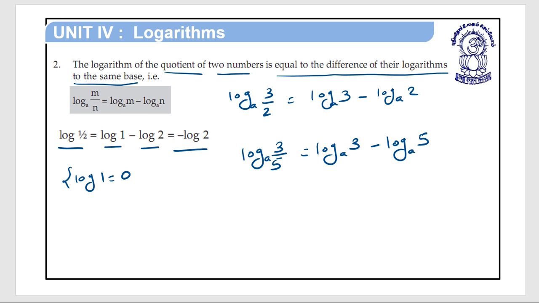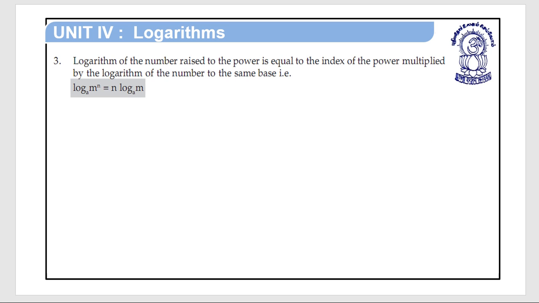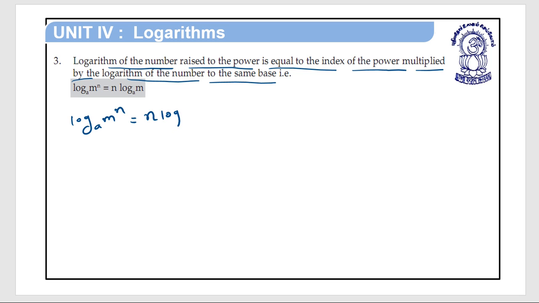Now next, the logarithm of a number raised to a power is equal to the index of the power multiplied by the logarithm of the number to the same base. Here log m raised to n, n is the index. So n into log m to the base a.